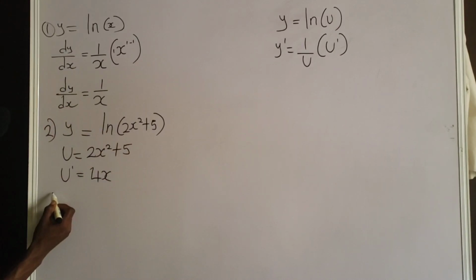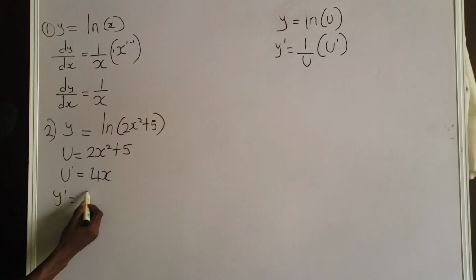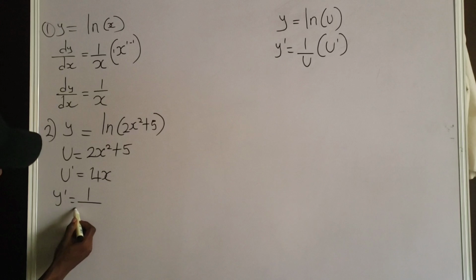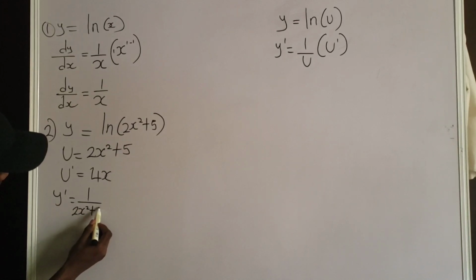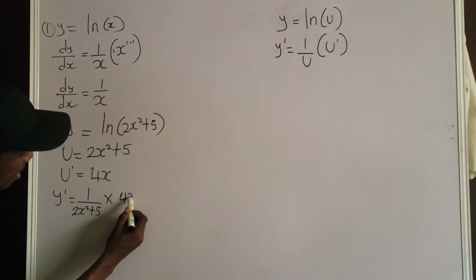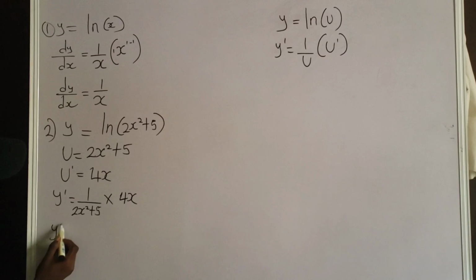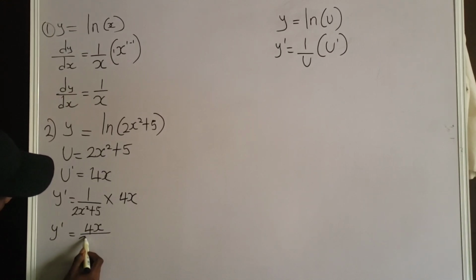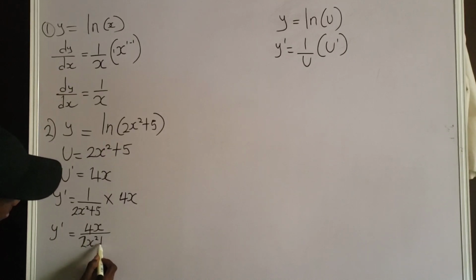So the derivative of y is equal to 1 over the parameter that is here, which is 2x squared plus 5, multiplied by the derivative of u. The derivative of u is what? 4x. So the derivative of y is equal to 4x all over 2x squared plus 5.